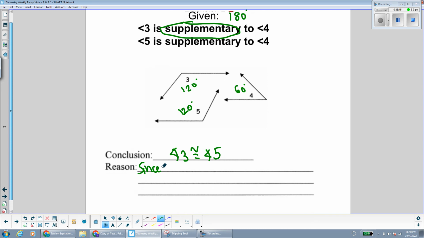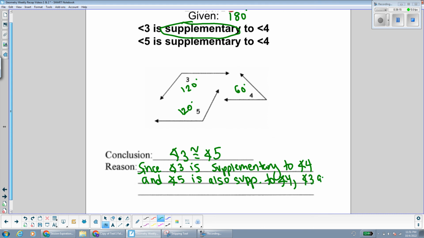Since angle 3 is supplementary to angle 4, and angle 5 is also supplementary to the same angle, angle 4, angle 3 and angle 5 need to be the same to make 180 degrees with angle 4.